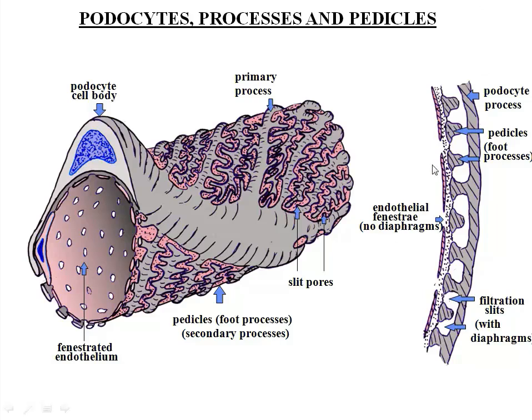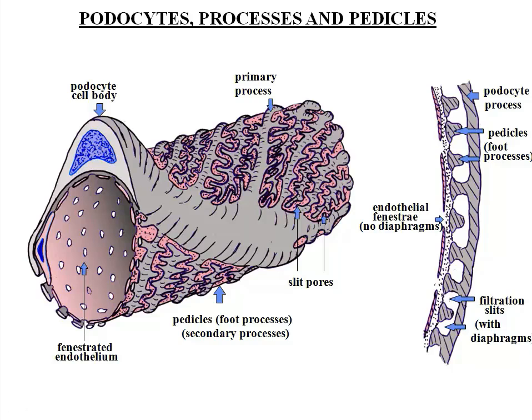And how is it structured? It is a very proliferated growth, extensively forming processes and foot structures, wrapping around the capillary present in a glomerulus. If you try to imagine, it will be very easy. See, this is the pink color portion of the capillary, and around it the podocytes are wrapped.